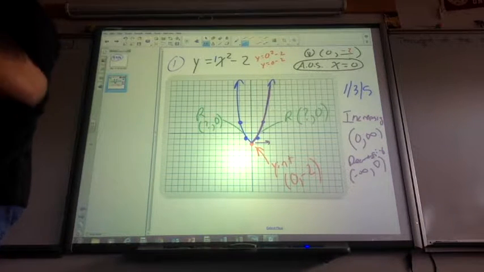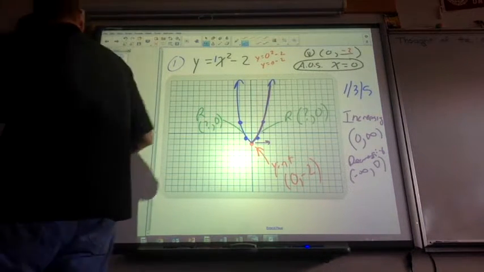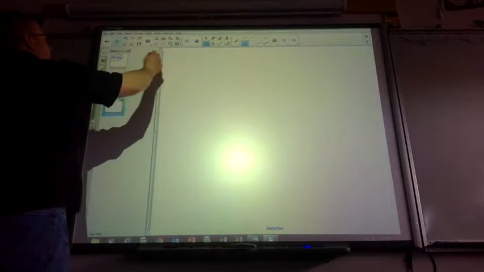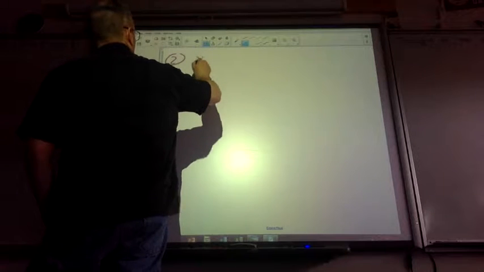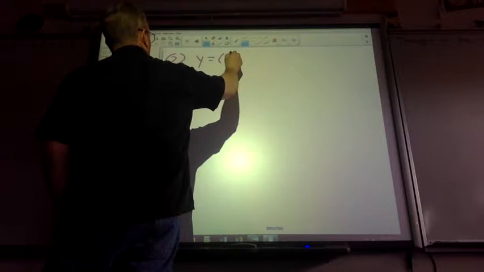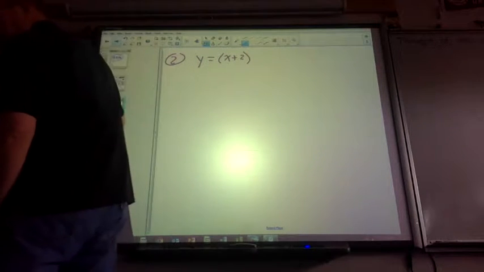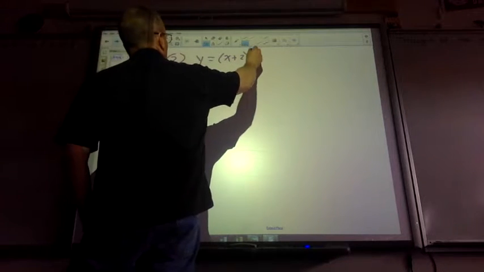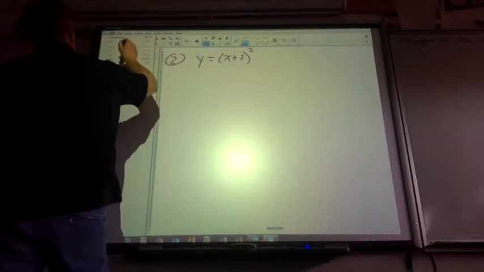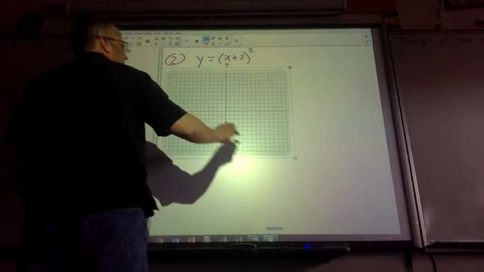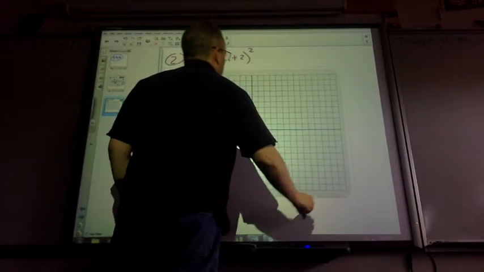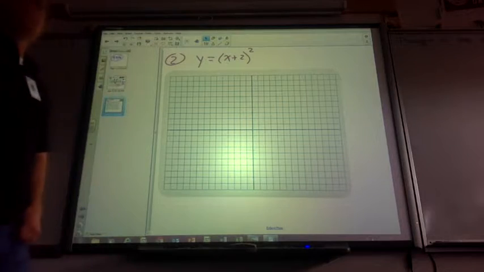Can I do number 2? Ready? So problem number 2, they've given us y equals x plus 2 in parentheses, quantity squared. That's it, right? Yep. This particular problem is set up in vertex form.